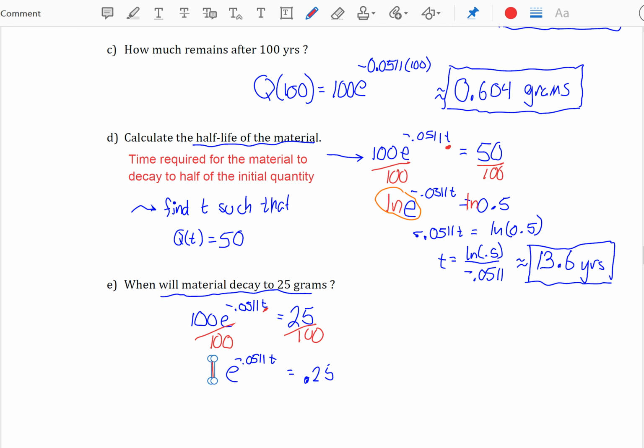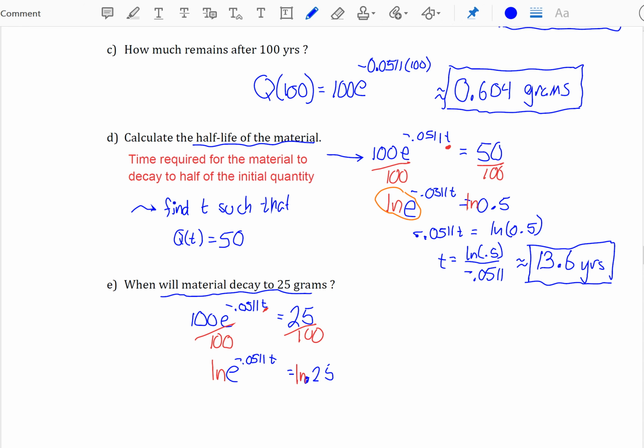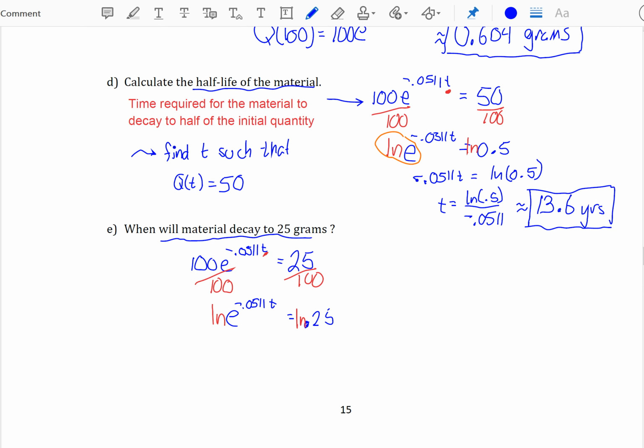We'll take the natural log of both sides to obtain negative 0.0511t is the natural log of 0.25.